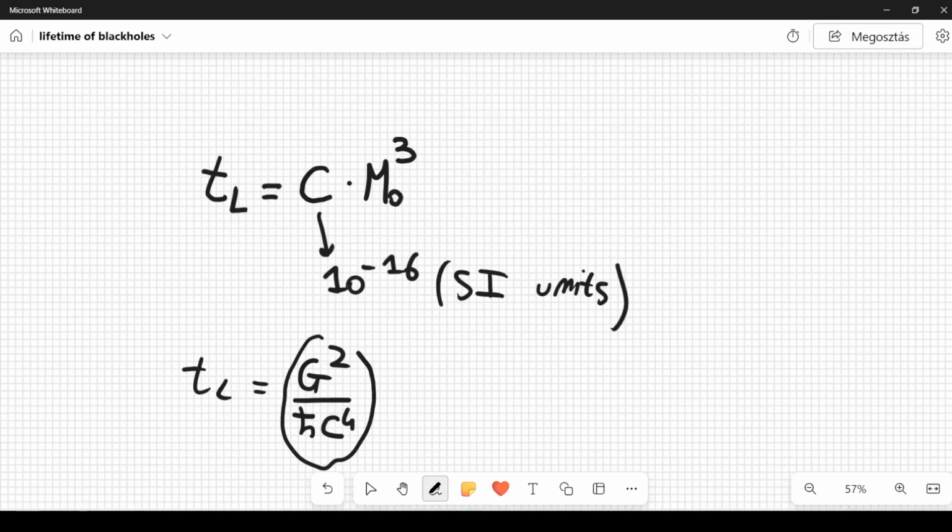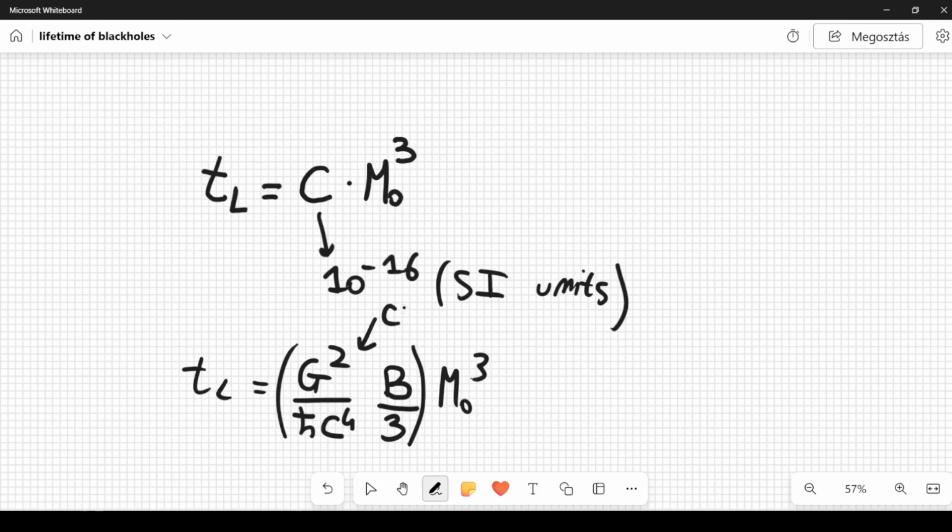This factor serves to adjust units in such a way that time can be proportional to m0 cubed. So this is just the proportionality constant. Then here we have a dimensionless constant, b, divided by 3. Sometimes it is written like this, and then here we have m0 cubed. So if you want, this is just C.